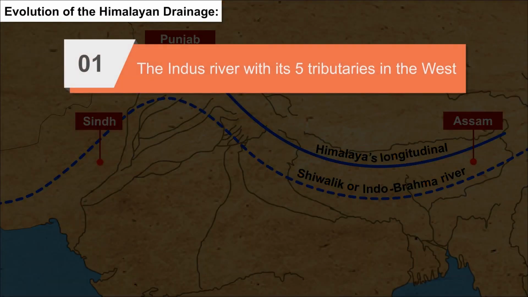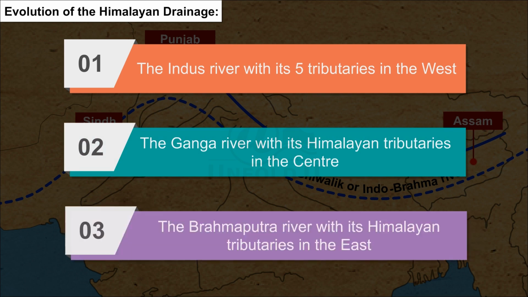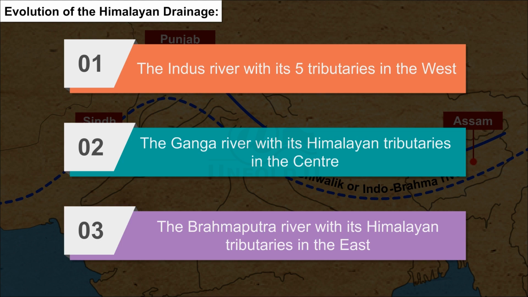The Indus River with its 5 tributaries in the west. 2. The Ganga River with its Himalayan tributaries in the center. 3. The Brahmaputra River with its Himalayan tributaries in the east.